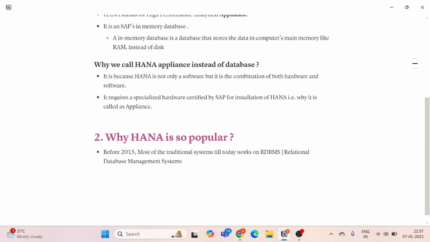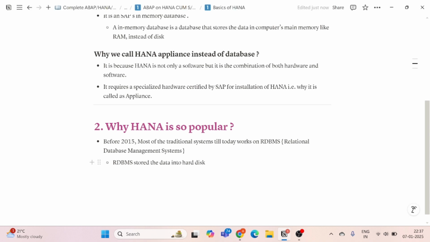So what does RDBMS do? RDBMS stores the data in the hard disk. CPU is the place where my processing is done, right?